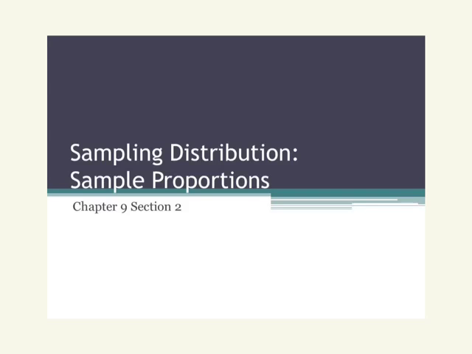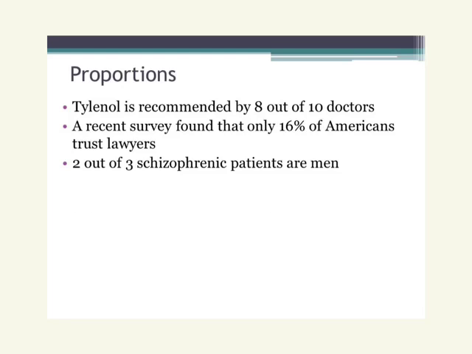And so we want to look at some examples first off of what does a proportion look like in statistics. And they're very simple. So here you see three examples of proportions from statistics. The first one you probably have seen something similar to this on commercial advertisements before. But Tylenol is recommended by 8 out of 10 doctors. Now, how did they come up with that statistic?